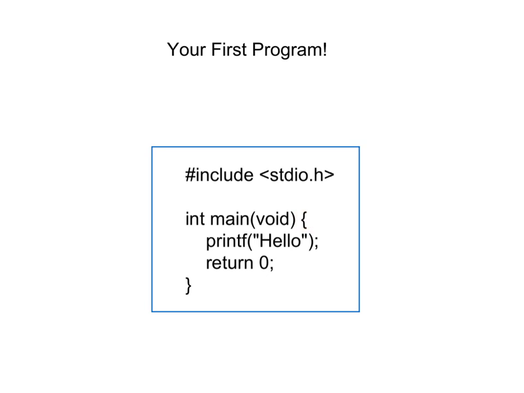Then you put an opening brace, which means now you're beginning the actual instructions in the function. Your first instruction is going to be printf hello with a semicolon. The function name is printf. The argument is a string of text that is hello.